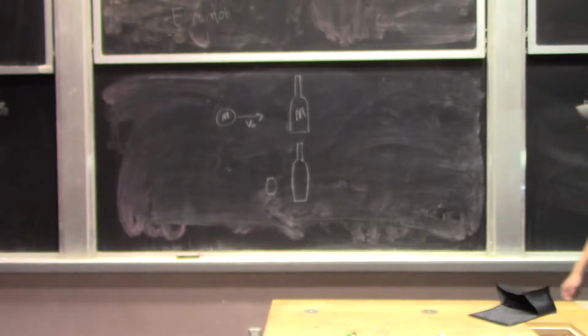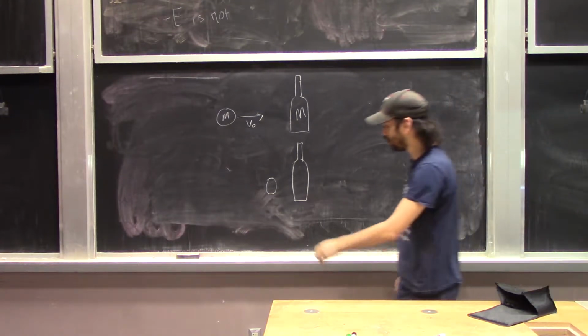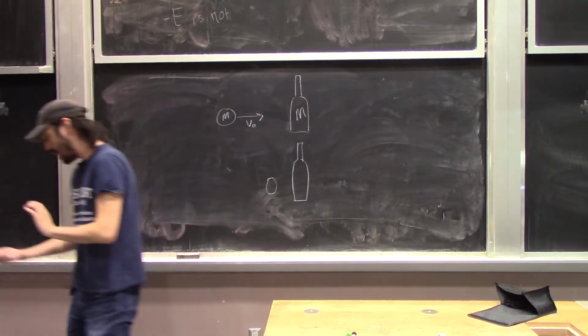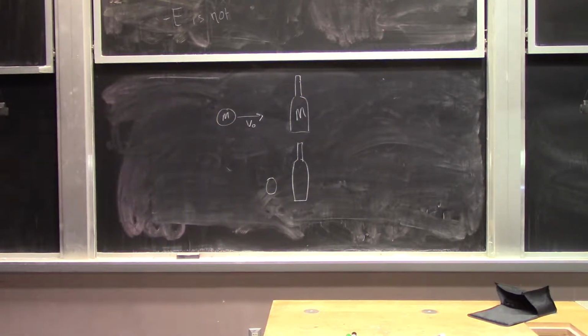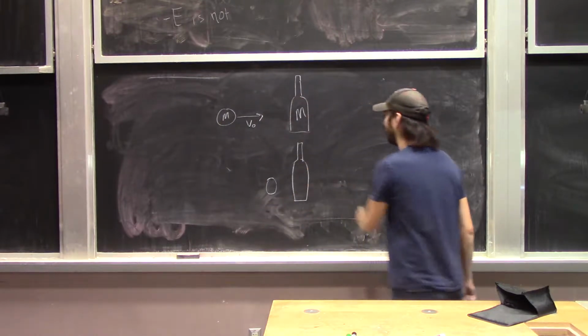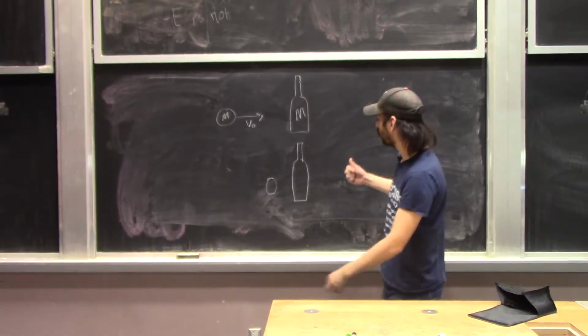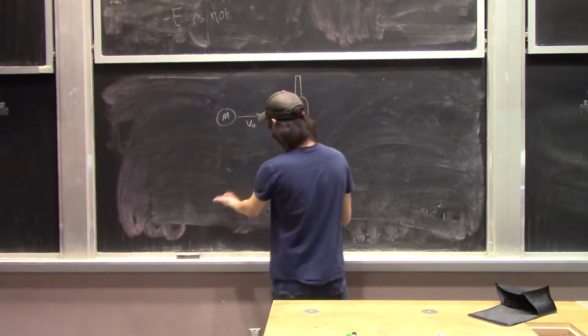In the problem, the ball has a mass of 2 kilograms and the bottle has a mass of 1.5 kilograms. We also know this is an elastic collision, so when these things hit, they're going to bounce. So the question is, when this ball hits this bottle, how is it going to bounce? Is it going to bounce the bottle forward, or is it going to bounce backwards off of it?